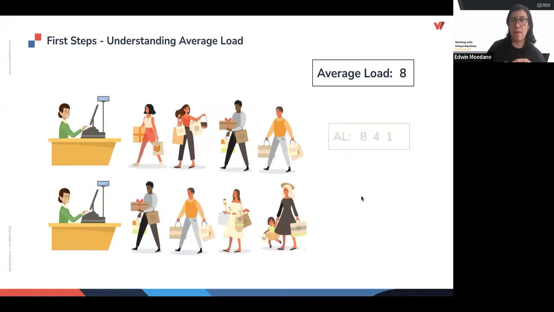And now, if we run uptime in our server, we're going to see a load average of 8, 4, and 1. One minute ago, we had eight processes trying to be processed, or an average load of 8. Then 5 minutes ago, we see 4 in line, and then 15 minutes ago, we see 1.